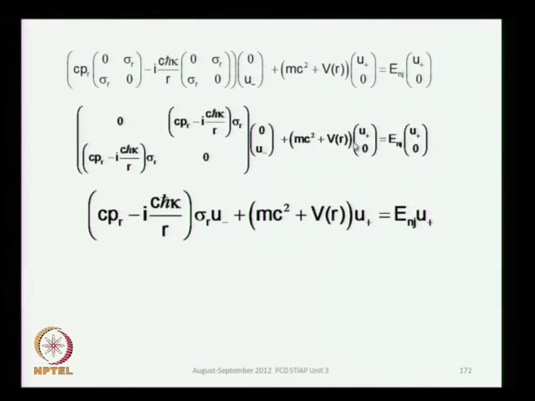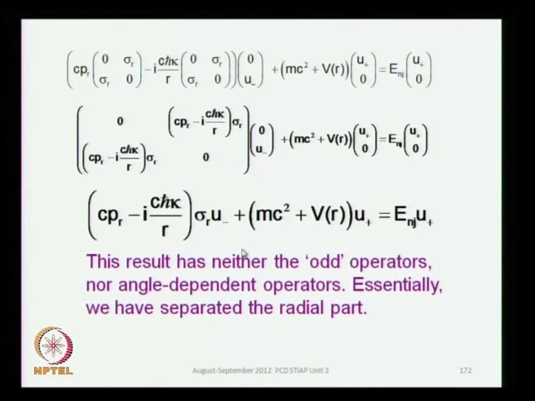That is what you get from these terms. Here you get mc square plus V r, multiplied by the 4 by 4 unit matrix, and essentially you get a relationship which is free from all odd operators. Now, there is no alpha here.